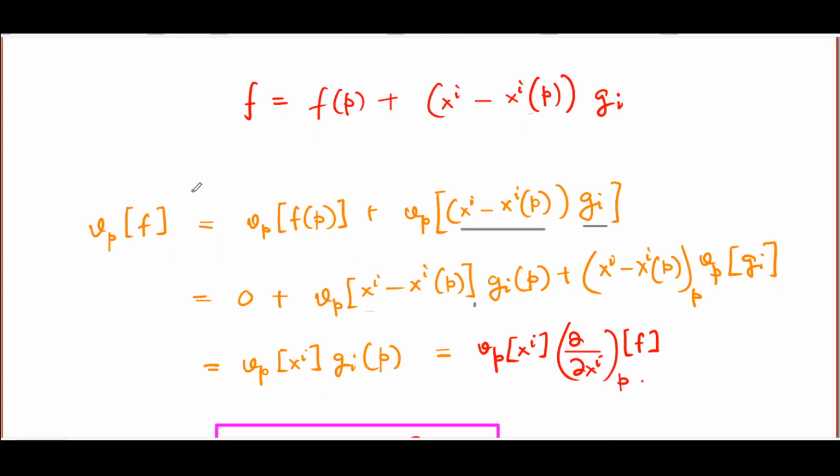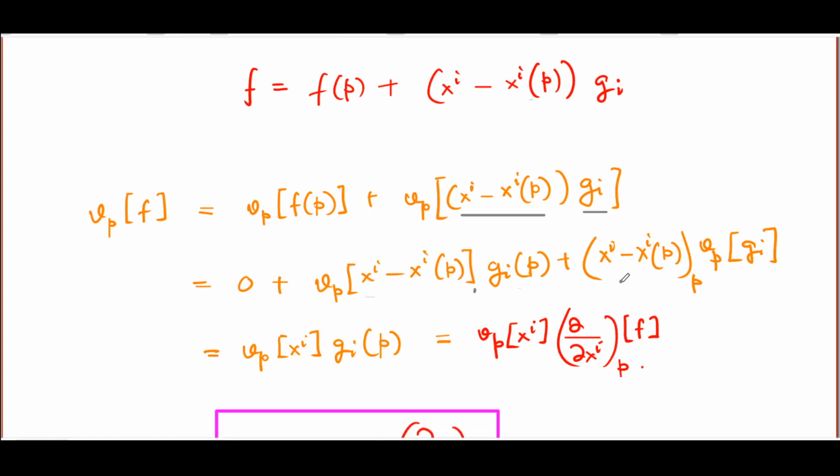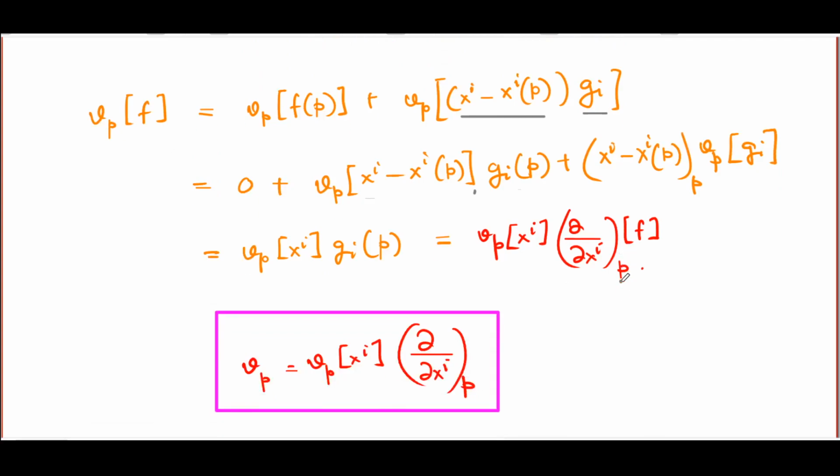So what we have is the following. The tangent vector Vp acting on f, any tangent vector, is basically given by this expression, Vp acting on xi. These are of course numbers which you get when the tangent vector acts on the i-th coordinate functions, times the coordinate basis vectors del xi at p. Of course, we are now really in a position to call them basis vectors, because what we see is that because it is true for all f, every tangent vector Vp is given by Vp(xi) del xi at p.